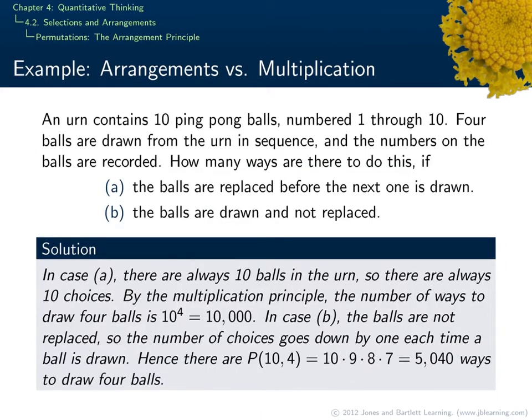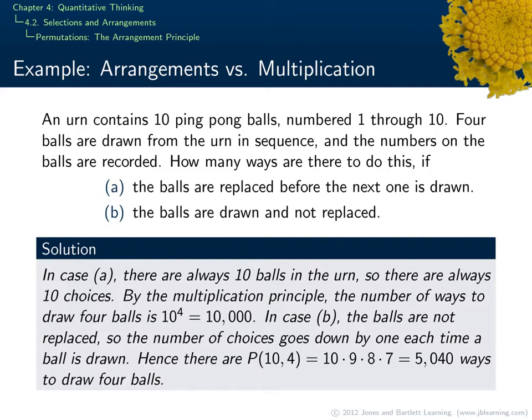So in this example, we further investigate this issue of selection without replacement versus selection with replacement. So here we have an urn. An urn is merely a jar, and it contains 10 numbered ping pong balls, numbered 1 through 10.